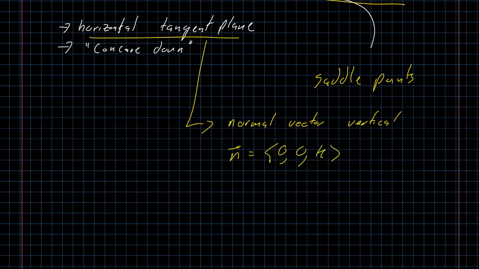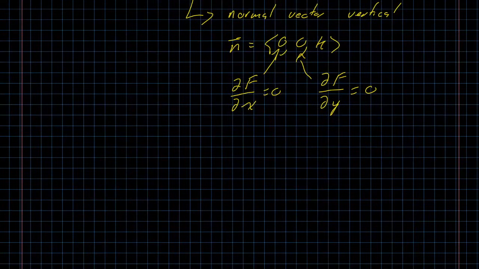So we're looking for a normal vector in the form of 0, 0, and some constant k. Thinking about that and breaking it down a little bit further, we're looking for a place where the partial of big F with respect to x is 0, and the partial of big F with respect to y is 0.